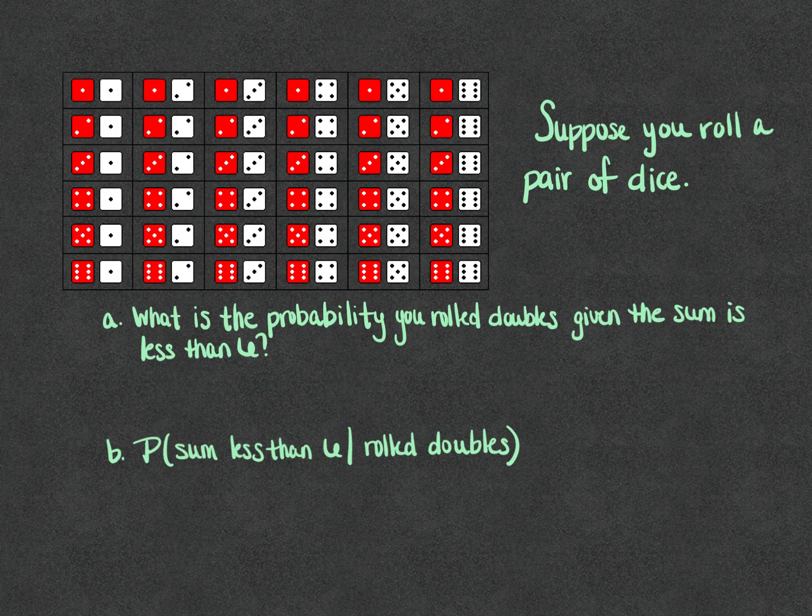All right, the next example, we're going to look at rolling a pair of dice. And again, you can see the sample space of what happens whenever you roll a pair of dice pictured here. So, part A, what is the probability you roll doubles given the sum is less than 6? So whenever I add up the sum of my dice, I am getting a sum less than 6.